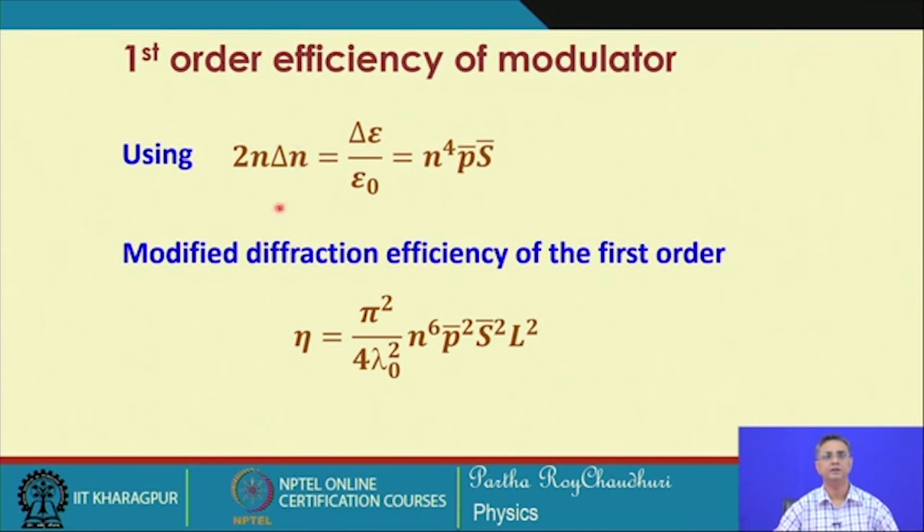Now, again, the relation we have used: delta n equal to half n cube p into s. If I use that, it will give you the diffraction efficiency in this form.